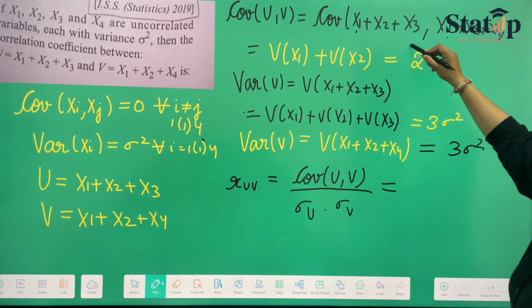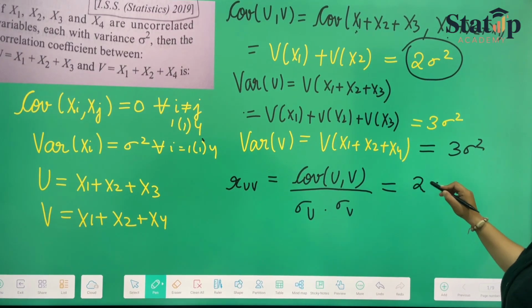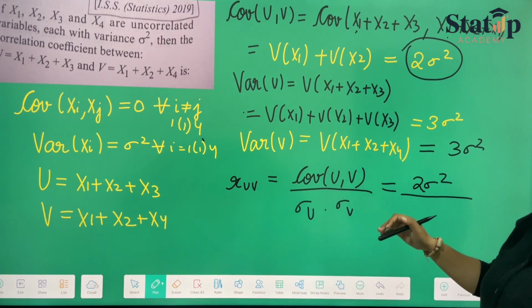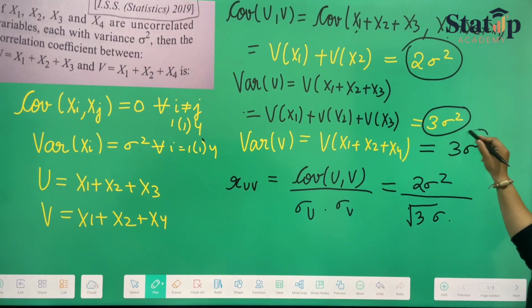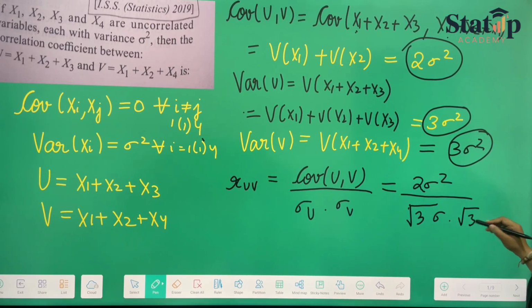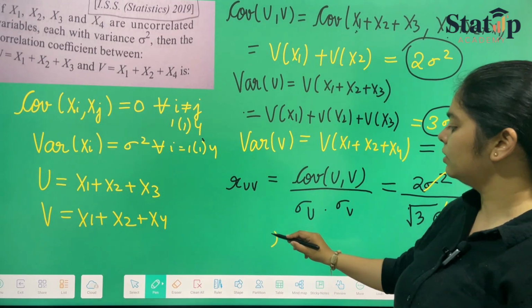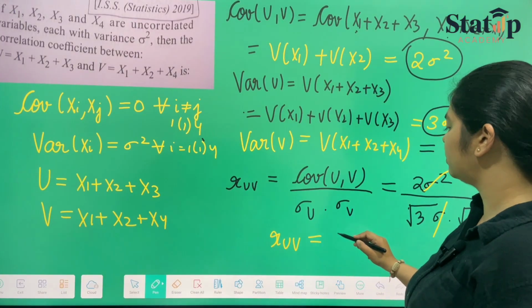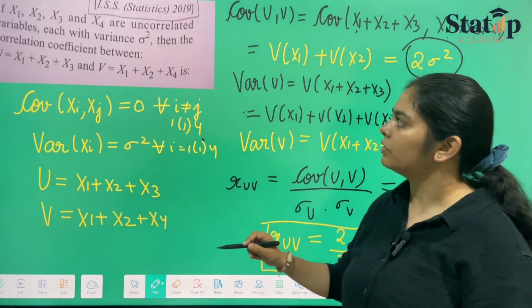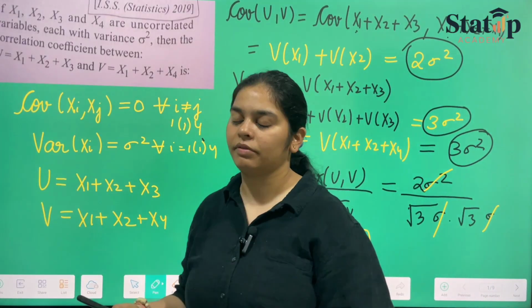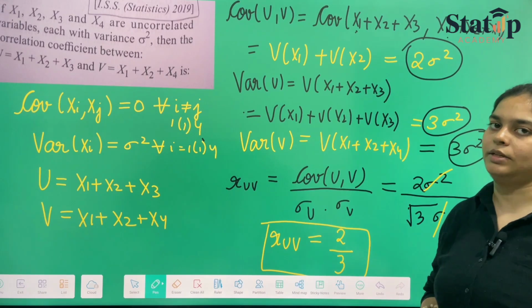Covariance between u and v is 2 sigma square upon standard deviation of u, which is under root of 3 sigma square, and standard deviation of v is also under root of 3 sigma square. These sigmas get cancelled and root 3 times root 3 will become 3. So r uv, which is the correlation coefficient between u and v, we get as 2 by 3, which is the option.